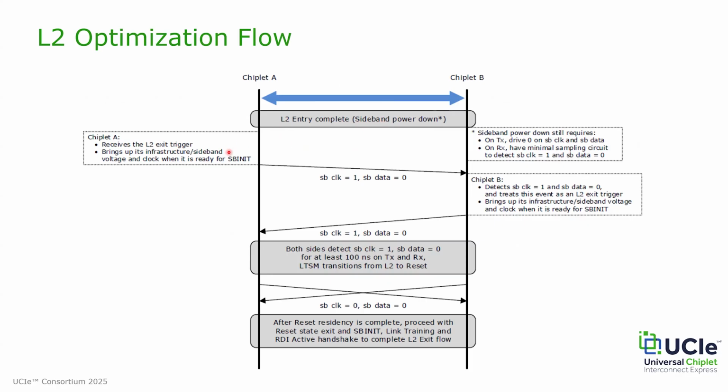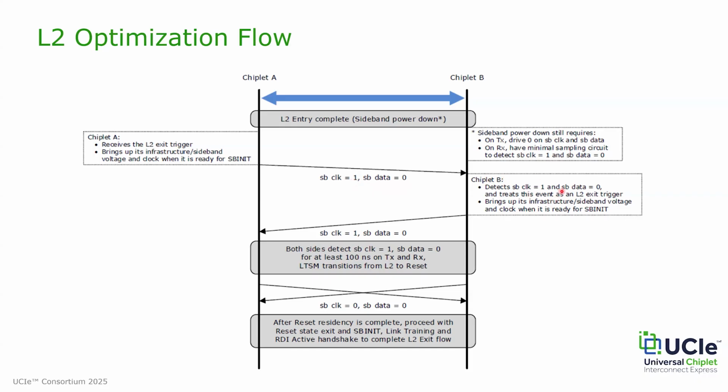Now A wants to exit from the L2 state, so it pulls the sideband clock to 1. Now B has most of the sideband in power gated mode, but the part that is monitoring the sideband clock and data is active. So it detects that this signal became a 1.